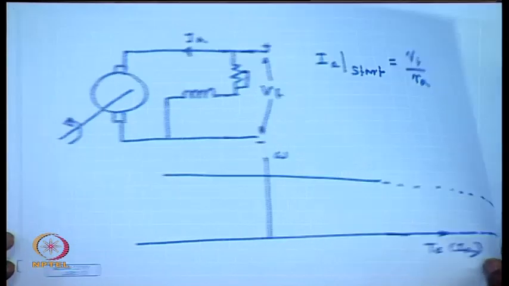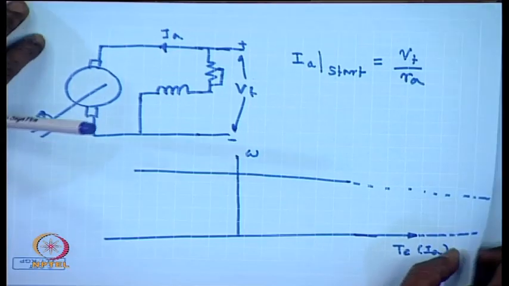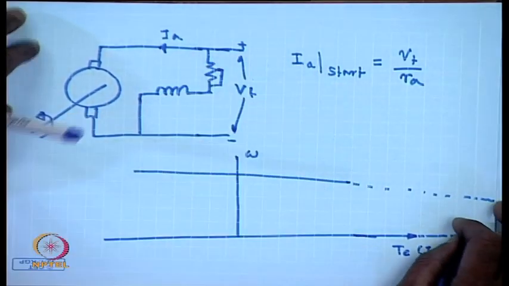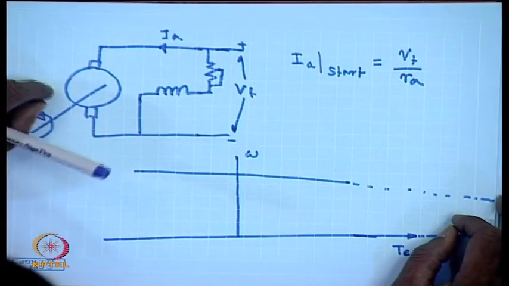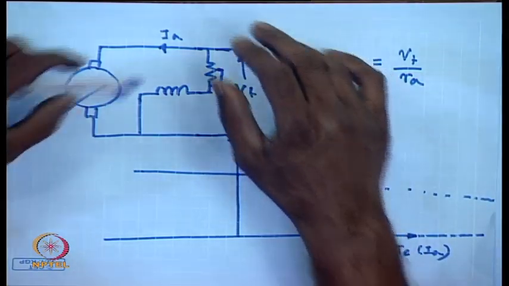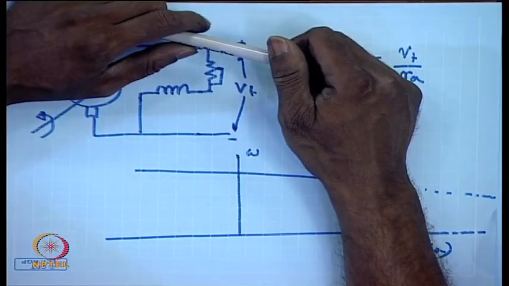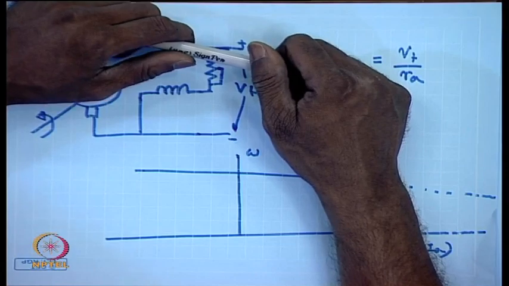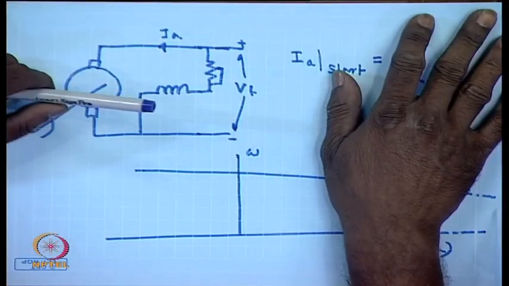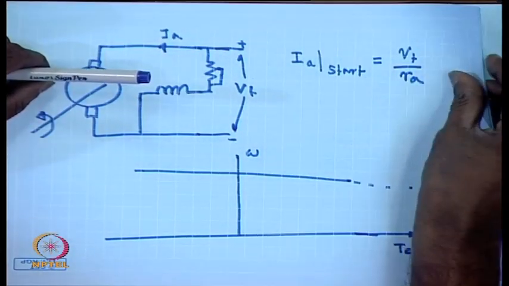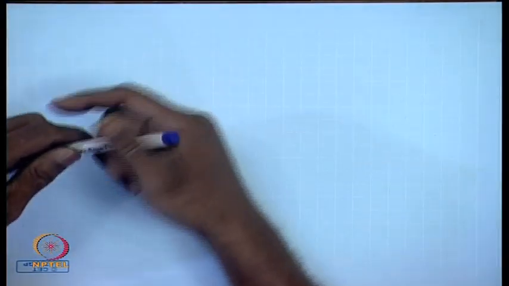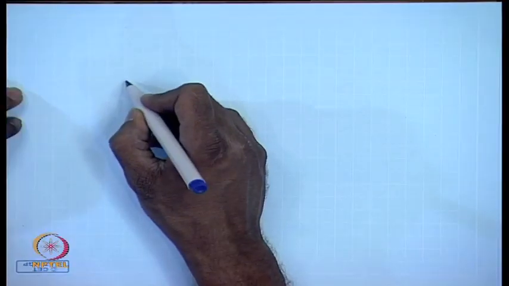So, how to overcome this problem? If the armature voltage can be made variable, then of course, we can start with a very low voltage and overcome this problem. However, more often than not, only a fixed voltage source will be available. So, the next simplest approach is to connect an armature resistance in this manner.